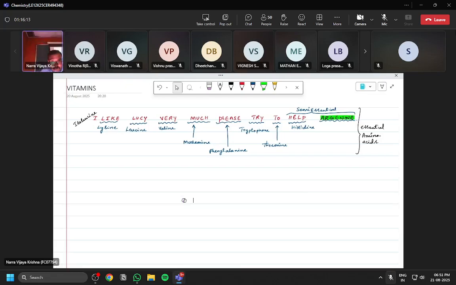Now, these amino acids connect to each other to form long chain polymers. We call those polymers proteins. So what are proteins? Polymers of amino acids.